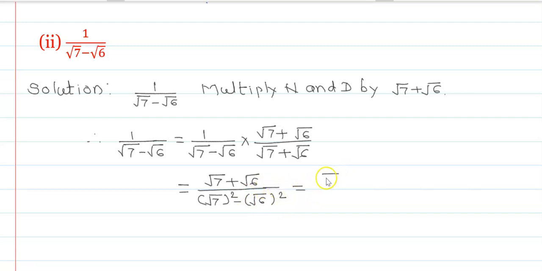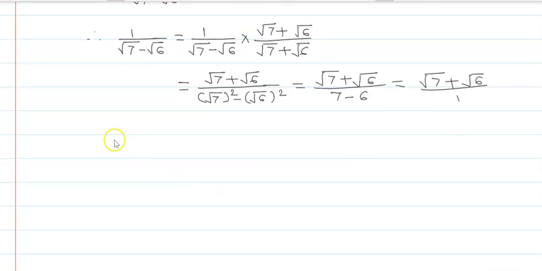And here you are getting root 7 plus root 6 upon 7 minus 6, and that equals root of 7 plus root 6 upon 1, and hence the denominator is rationalized.